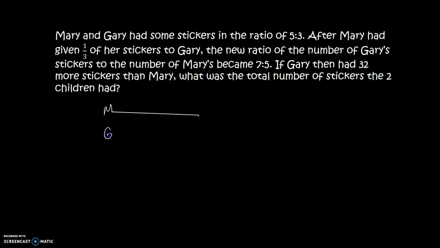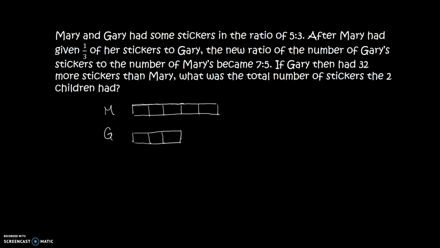Mary and Gary had some stickers in the ratio of 5 to 3. Let's just go ahead and model that. Then it says, after Mary had given 1/3 of her stickers to Gary, the new ratio of the number of Gary's stickers to the number of Mary's stickers became 7 to 5.